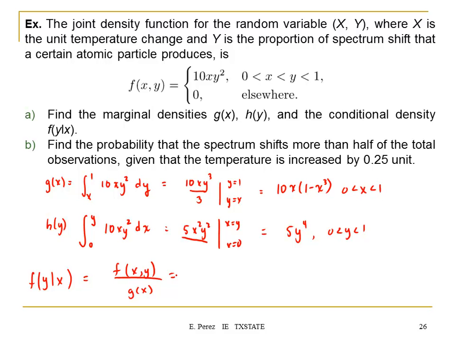And we have the marginal. So joint is 10xy squared divided by the marginal, which is 10 times x, 1 minus x cubed. So our conditional probability is 3y squared over 1 minus x cubed.